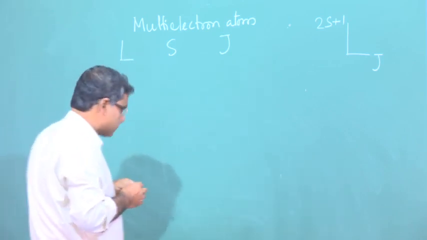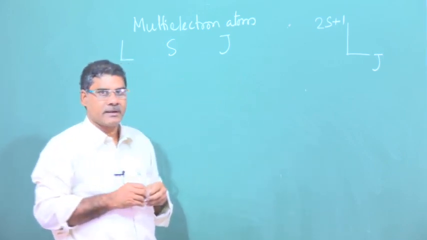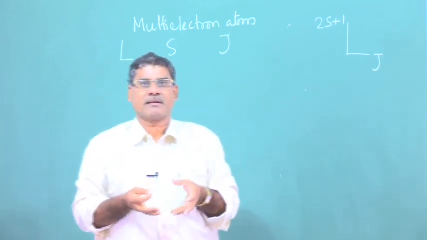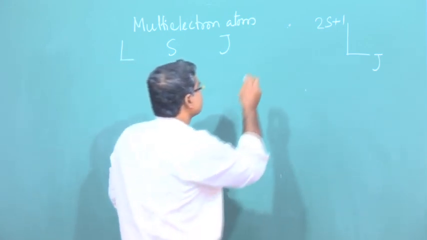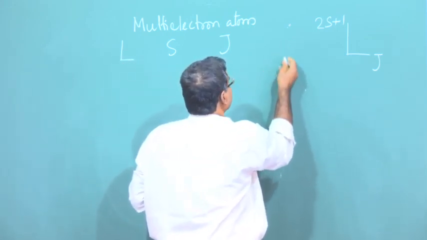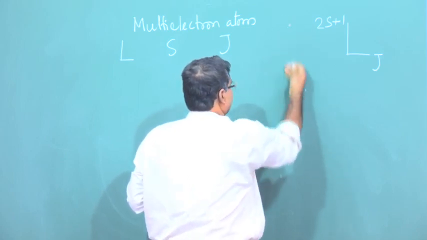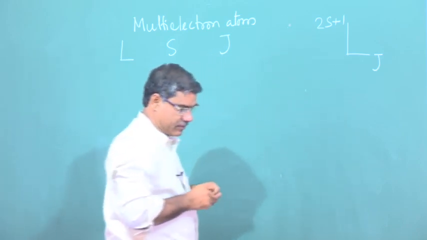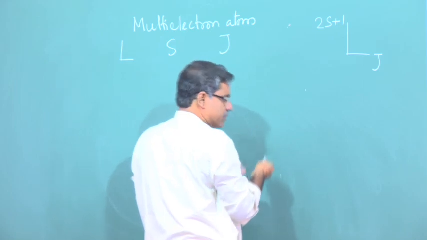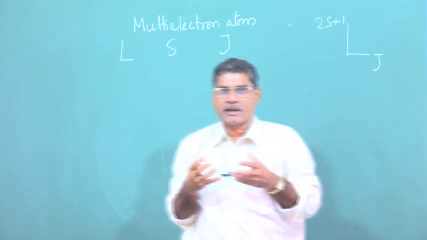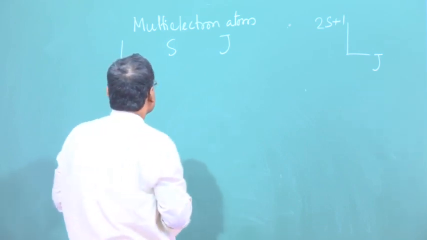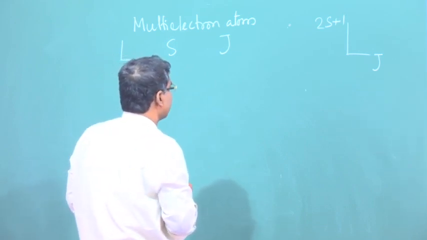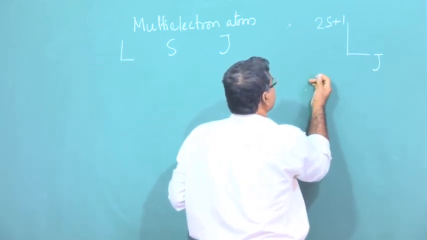As I have shown, in the electronic configuration of a multi-electron atom, for any number of electrons you have to distribute electrons in different orbitals. Those orbitals I have mentioned earlier.